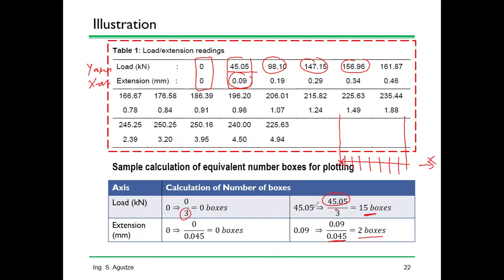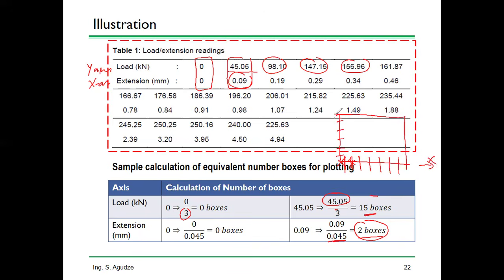Then if I take the second one here, this x-axis is 2 boxes. So I'll just count. This is 1 box, 2 boxes. So it's here. And then the y, this one, 2, will be counting.